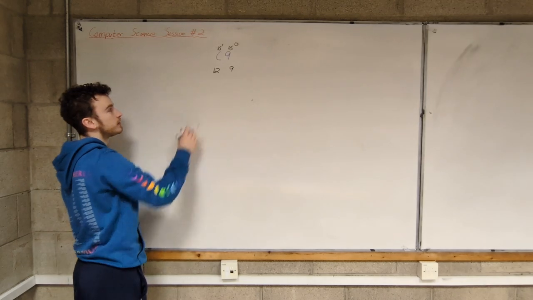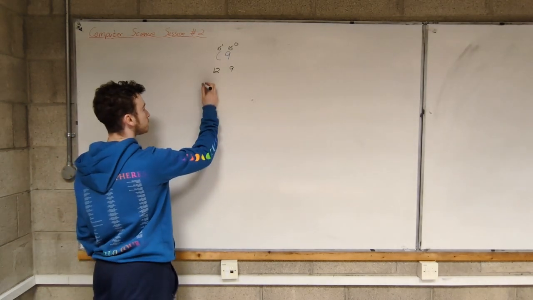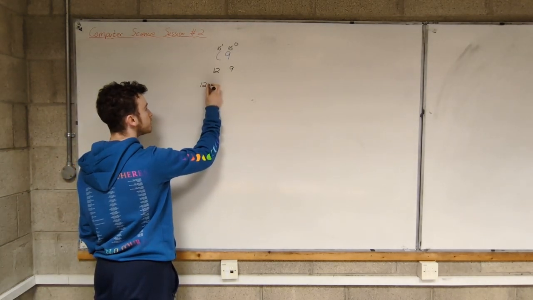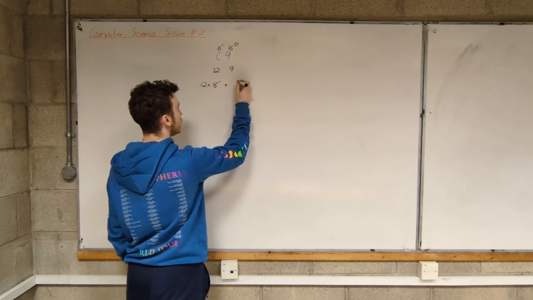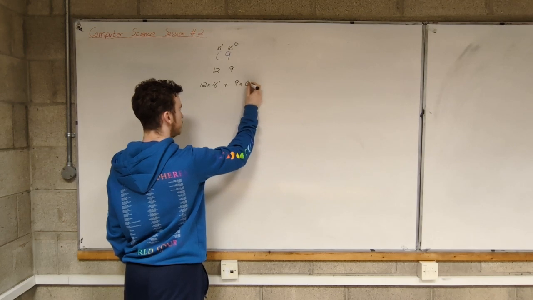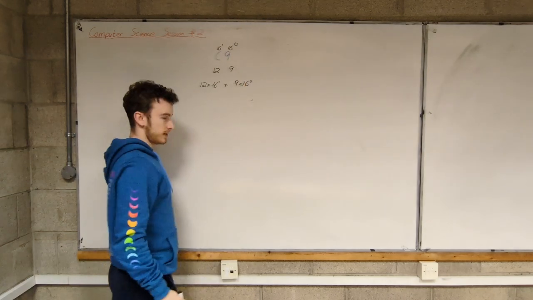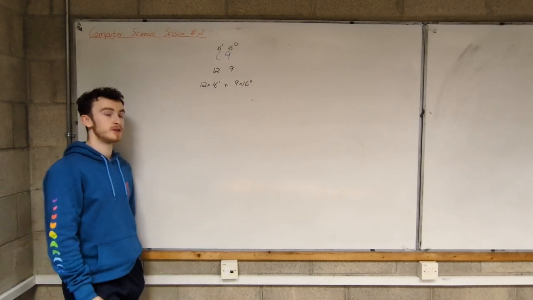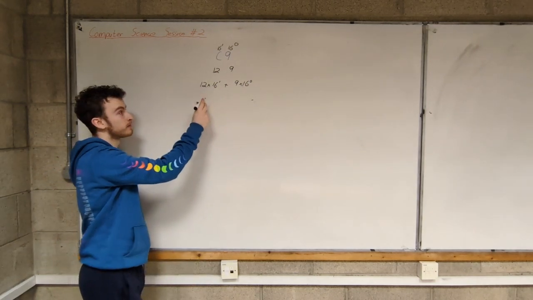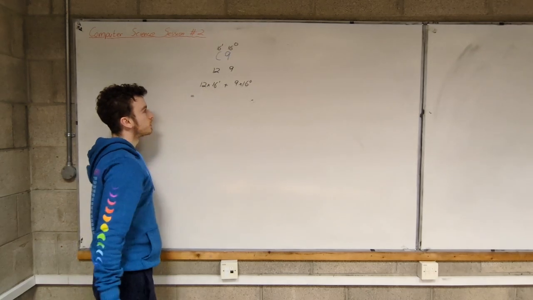So, to go from this to decimal is 12 by 16 to the power 1 plus 9 by 16 to the power 0. Okay? Now, I don't know about you, but I certainly cannot do that in my head. So, what is the answer?